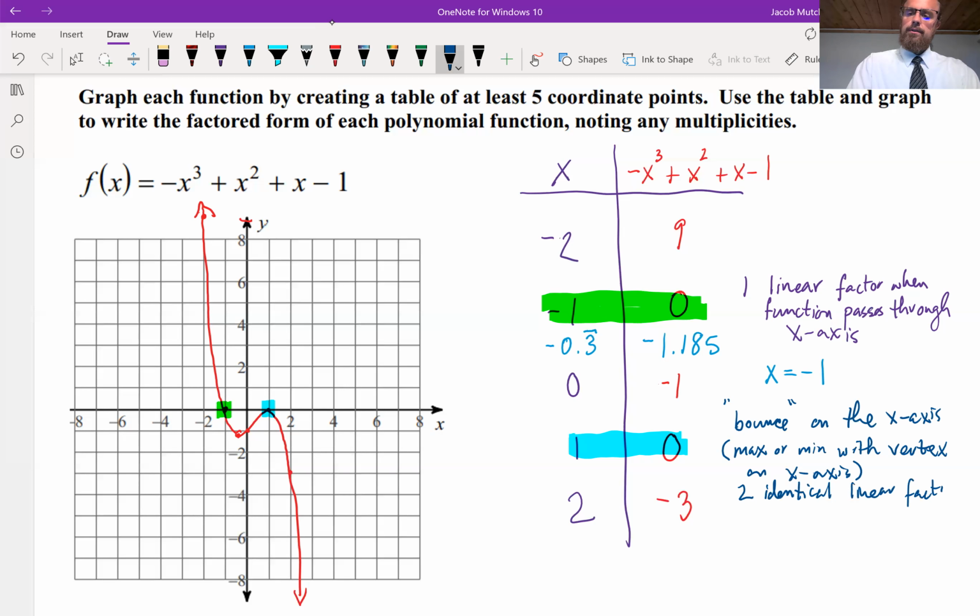So we got two different types of x-intercepts or zeros here. Now that I've seen the characteristics of each, I want to use those descriptions to write the linear factors. So what I've done in the light blue here is I've just written out what is the x value when the y value is 0.